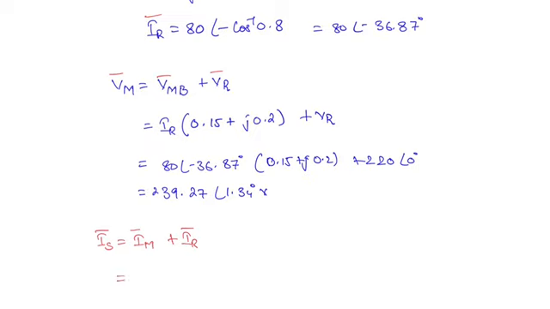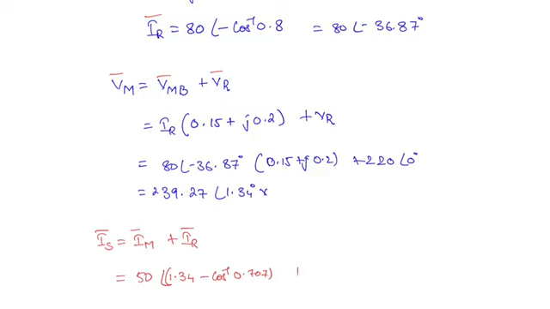Im magnitude is given as 50 amperes. What will be the phase? This is going to be the phase of Vm, that is 1.34, minus cos inverse 0.707, because it is given as 0.707 lagging.